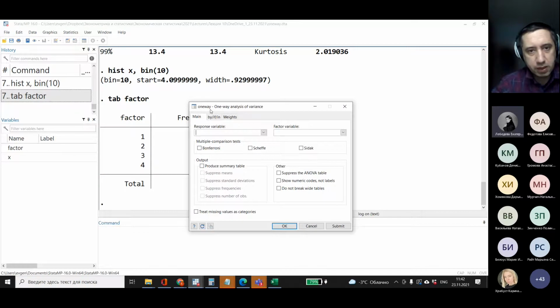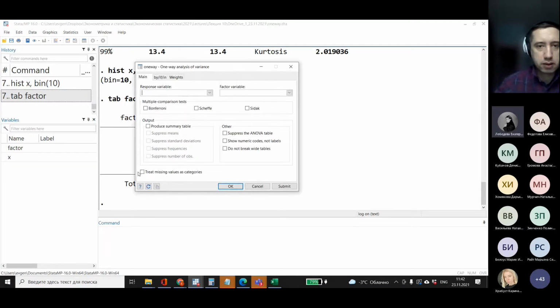And the command name is oneway. Well, do you see my window? Yes. Now we have to fill all of these empty spaces. First, I mentioned that when you conduct ANOVA analysis, you have to find the response variable. In this case, it is pretty simple. Your response variable is x.